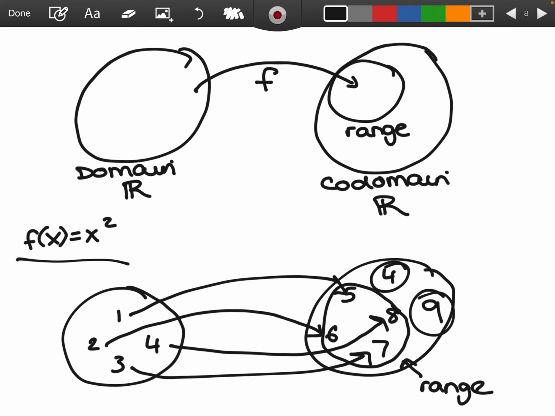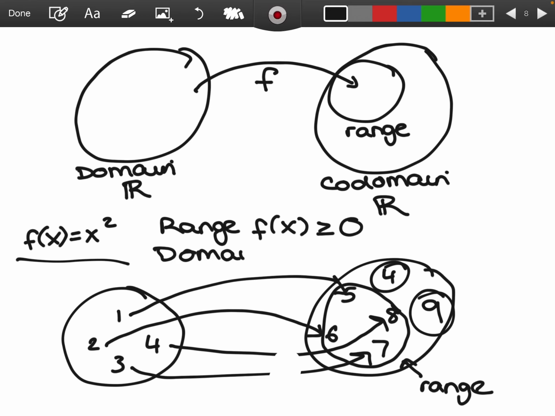If you map -5 into your codomain of real numbers by squaring it, -5 becomes 25. It's not -25. So I've cut out a bunch of numbers from my codomain, and it turns out that my range, f of x, is greater than or equal to 0. It's all values greater than or equal to 0.